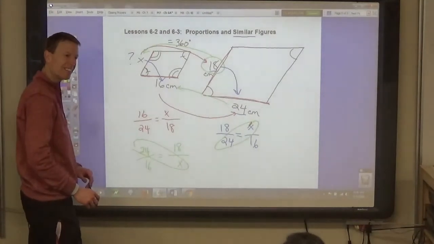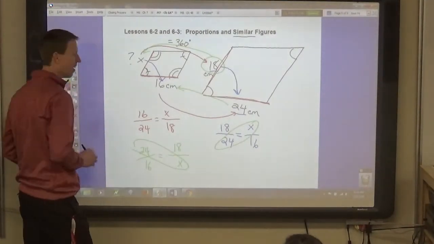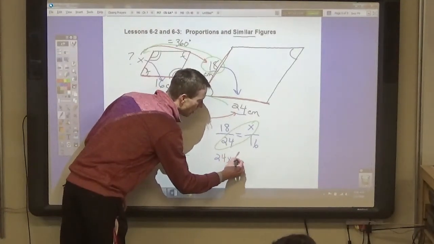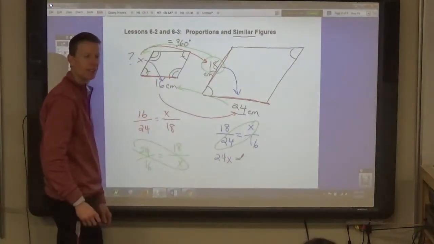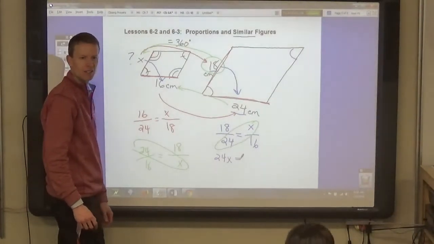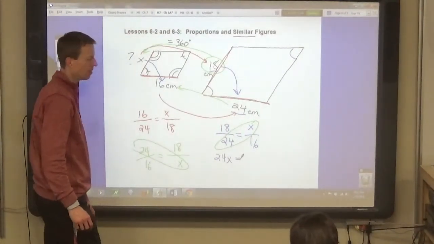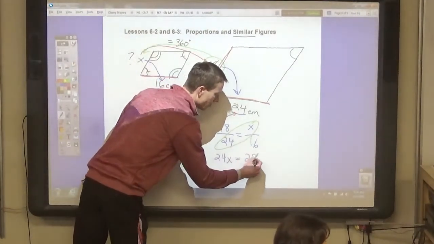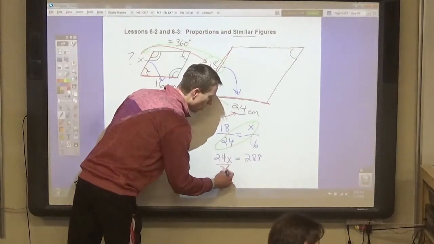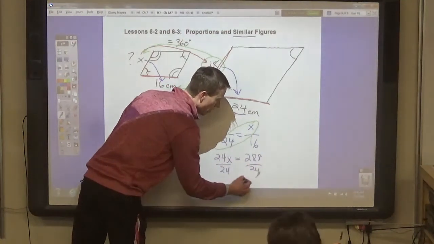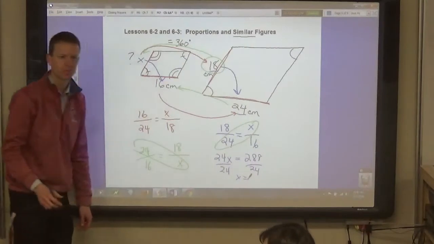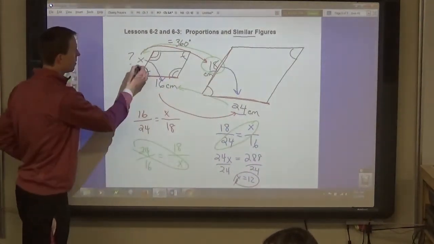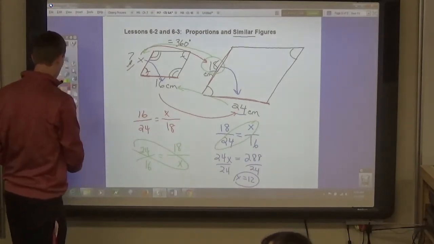So what is this answer? 24x equals what? 288, times 16. Divide by 24 on both sides. And x equals what? 12. So x is 12 centimeters.